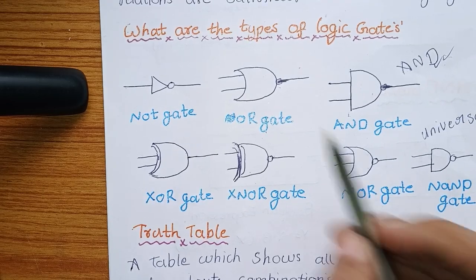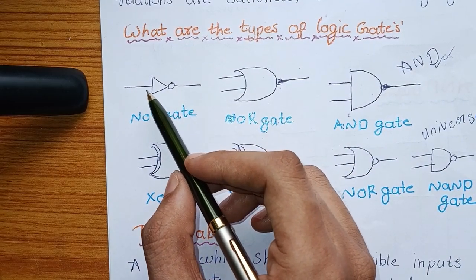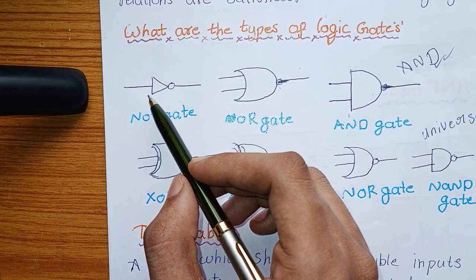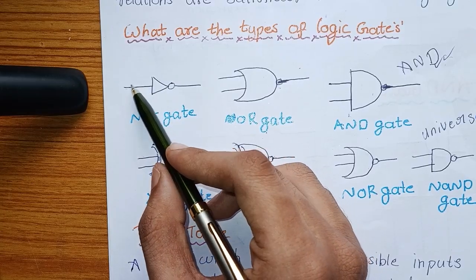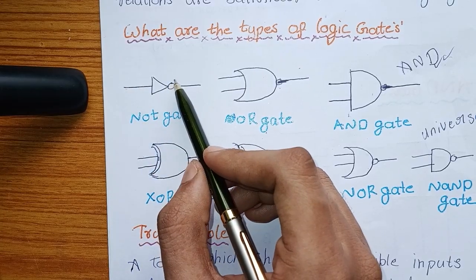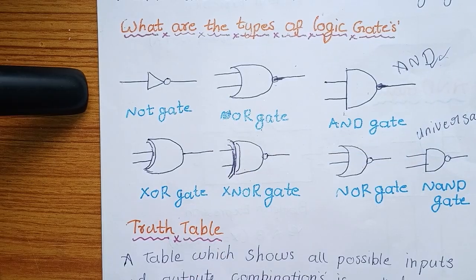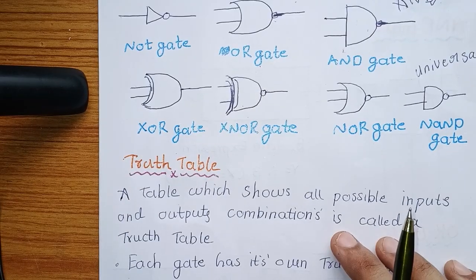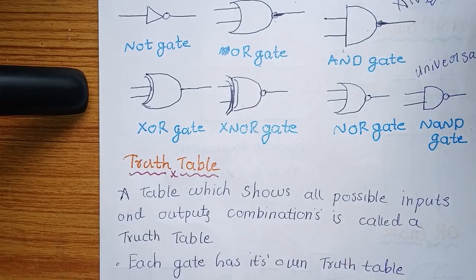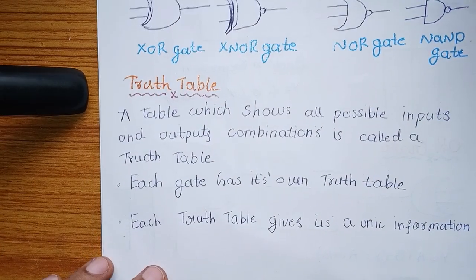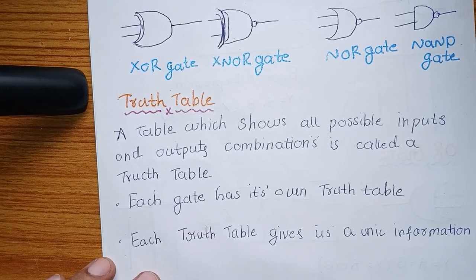Did you get it? What I am saying is, the truth table is a table that shows the input and output of a specific logic gate. The truth table is a table that shows input and output information, nothing more.